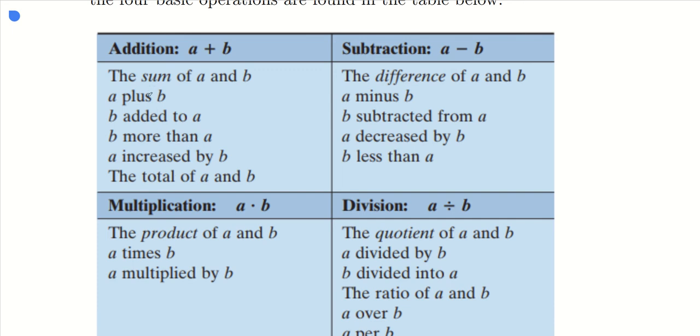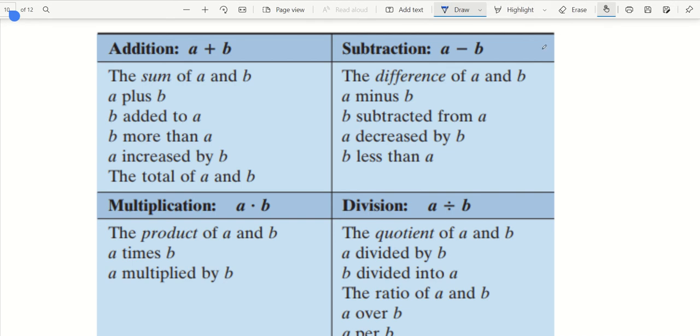Those are all words that indicate addition. For subtraction, we'll say the difference. The difference of A and B means A minus B. Or you could say B subtracted from A, decreased by B, or A less than B. These are all words that indicate subtraction.